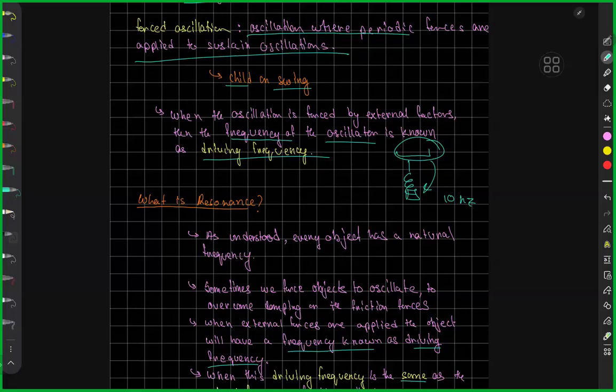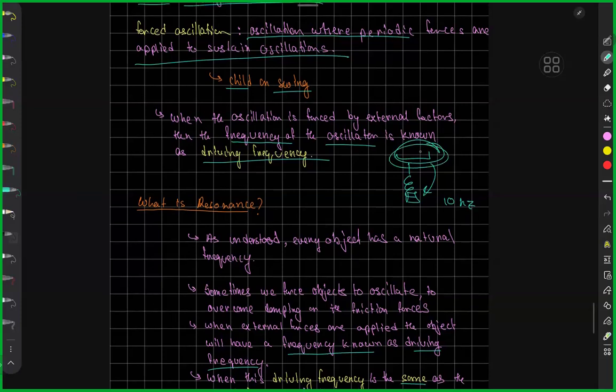I repeat, the energy transfer from the fixed point or the gear over here has been maximized to the mass. I repeat yet again, the energy transferred from the gear over here to the mass is maximum when driving frequency equals natural frequency. Be clear on that.